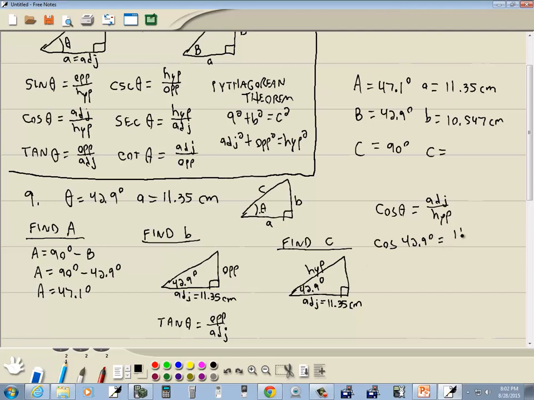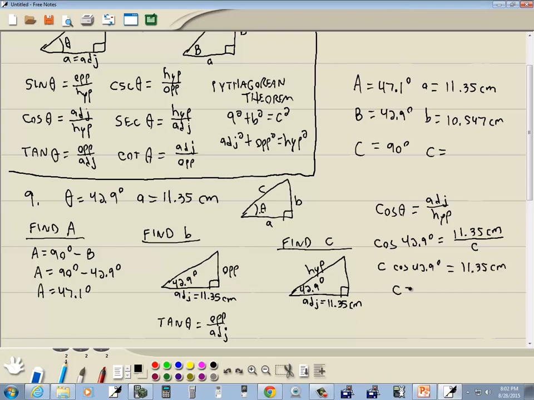Adjacent is 11.35 centimeters. And hypotenuse is c. So I'll put c there. Now we're trying to solve for c, so we'll multiply both sides by c. So we get c times cosine 42.9 degrees is equal to 11.35 centimeters.